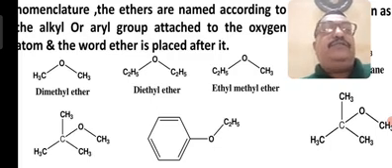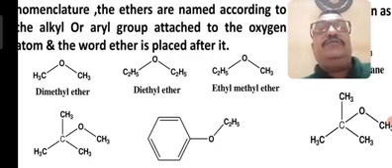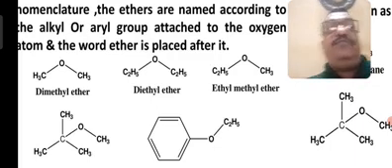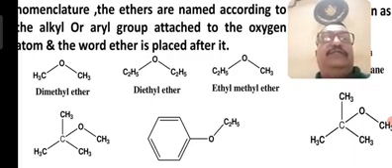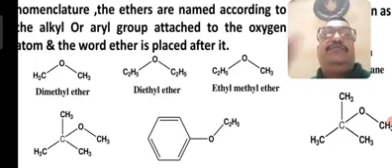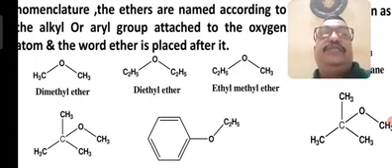Benzene ring plus OC2H5, so it is a phenyl methyl ether. In the common system, whatever the type of group attached to the oxygen, their names are taken and then ether is added. So in the first case, CH3OCH3, 2 methyl groups, it is called dimethyl ether.